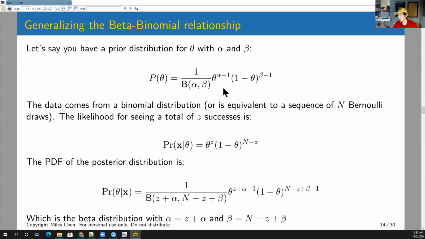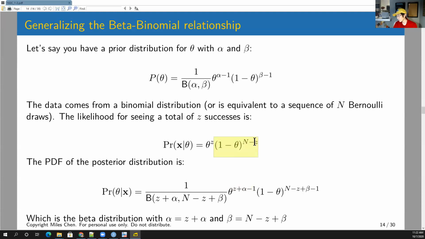And so the product of the beta distribution, which has this PDF, and the likelihood, if we just look at this portion, theta to the z and theta raised to the alpha minus 1, is going to multiply to be theta raised to the z plus alpha minus 1.